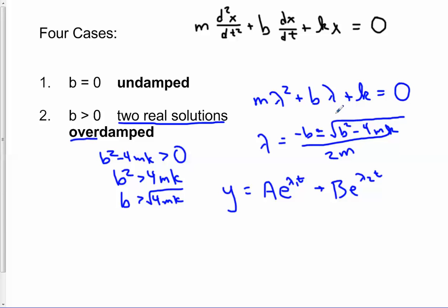Okay, rewind that and listen to that again, or think about it for yourself. But my point is that because m, b, and k are all positive, both of these answers, these two real solutions, are going to be negative. That has to happen in this case. Okay, so lambda 1 and lambda 2 are negative numbers.